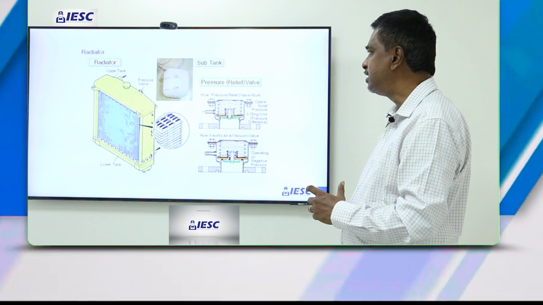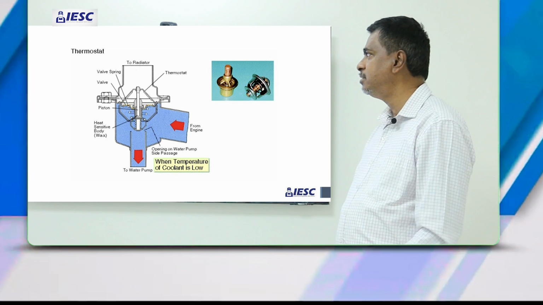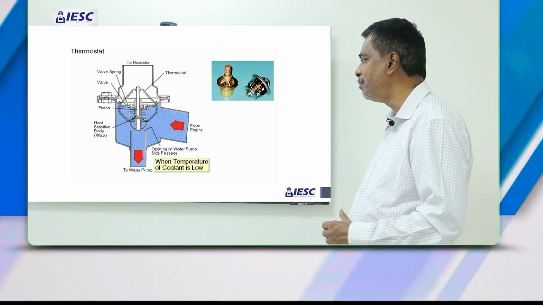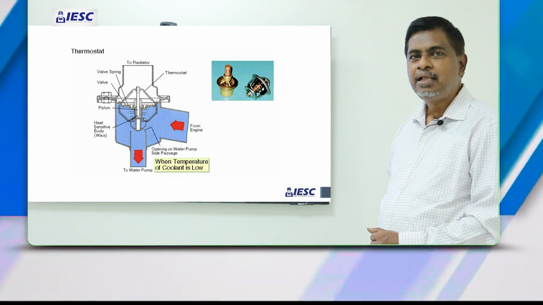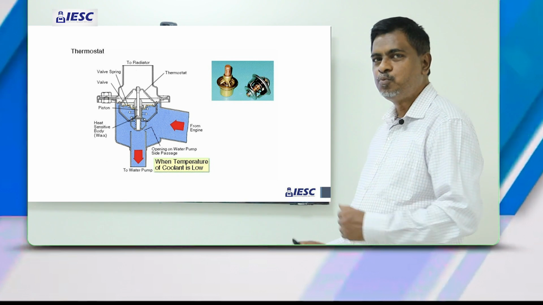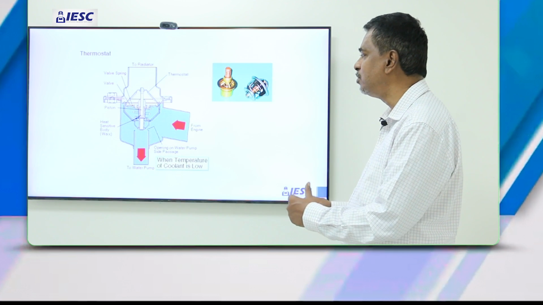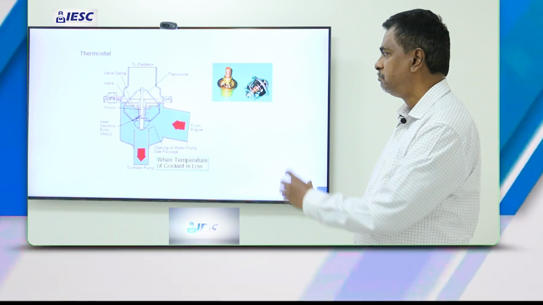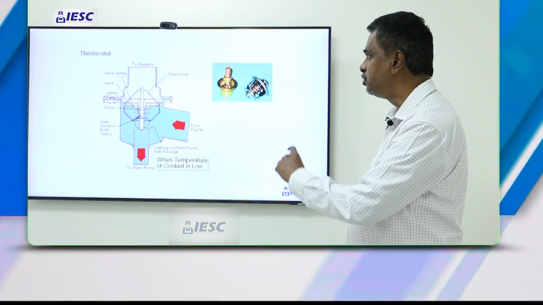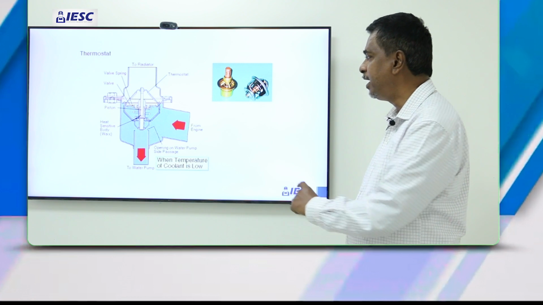And we'll see the important component in the cooling system of the engine, the thermostat. It is called the thermostat valve also. The thermostat plays the major role in controlling the engine's optimum temperature so that the engine runs smoothly. We see the components inside the thermostat valve. It has a sensor inside, a valve, and a valve spring, and one side is connected to the water pump, the other side to the radiator.